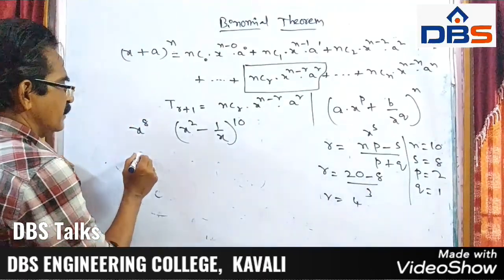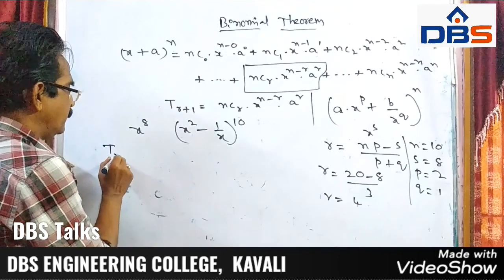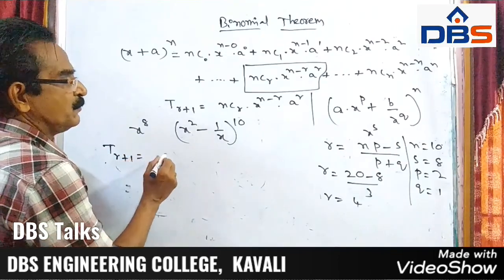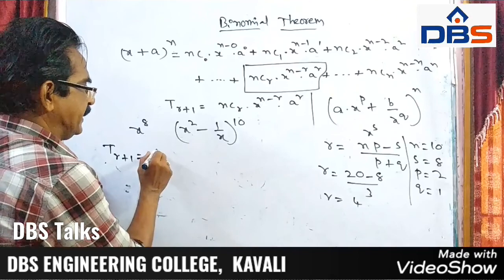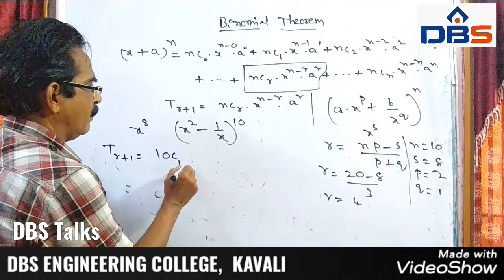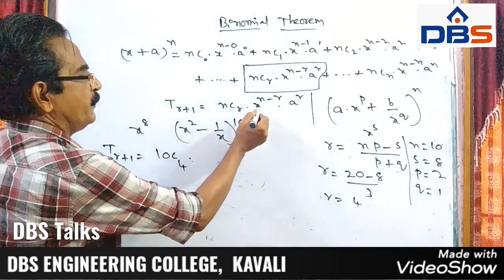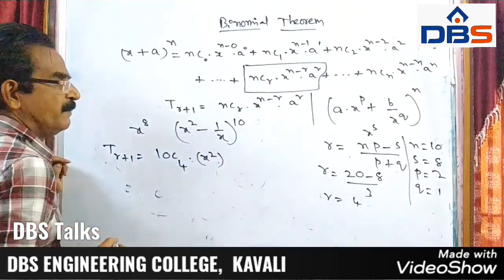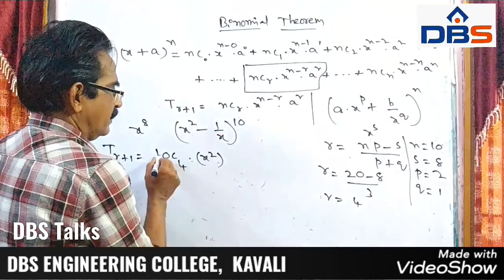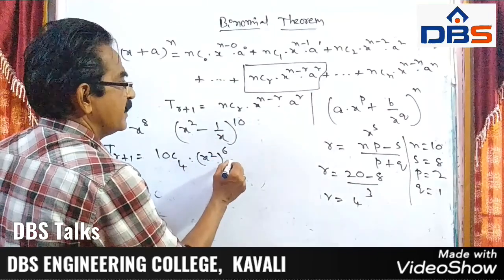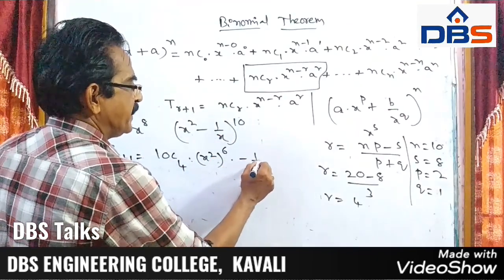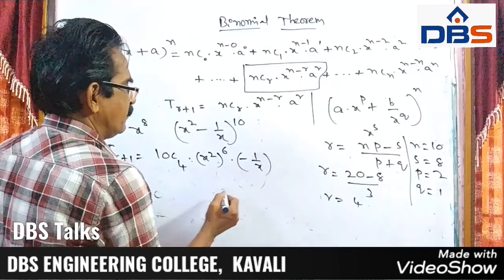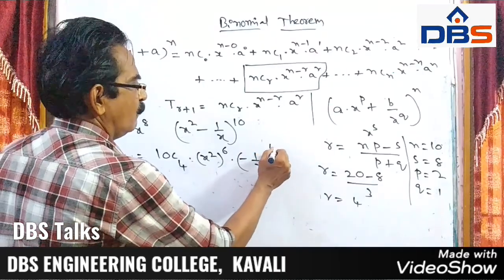Okay friends. Tr plus 1 is equal to NCR, 10CR, into x square whole power n minus r, 10 minus 4, 6, into minus 1 by x whole power 4.